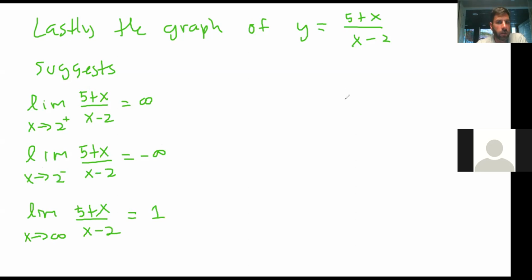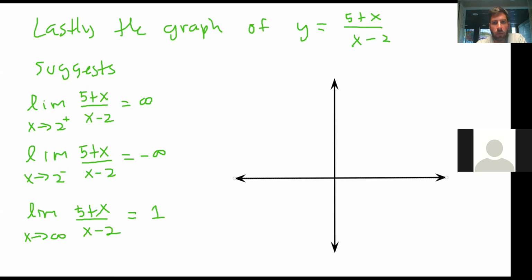Now, you could go to Desmos to convince yourself, or you can reason it by drawing the graph, however you'd like to do it, but the graph's going to look like this. And by the way, you guys should have at one point in your lives in an algebra course sketched graphs of rational functions.